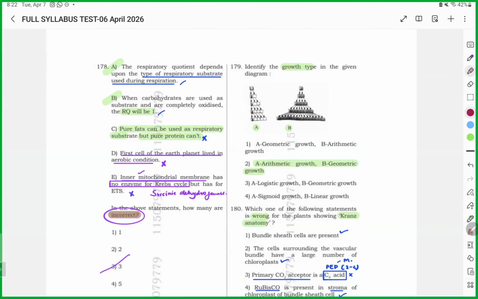Whatever happens, I will not make mistake in correct, incorrect at any cost. Because if you don't know topic, that's okay. But if you know topic and still make mistake, that is horrible, pathetic, and you feel guilty.